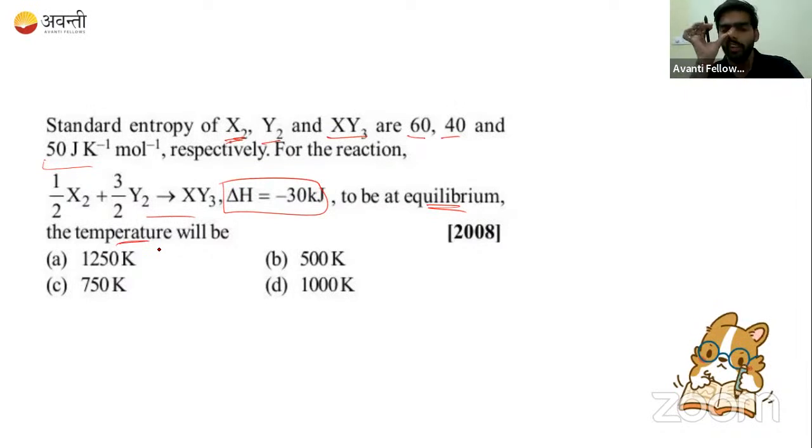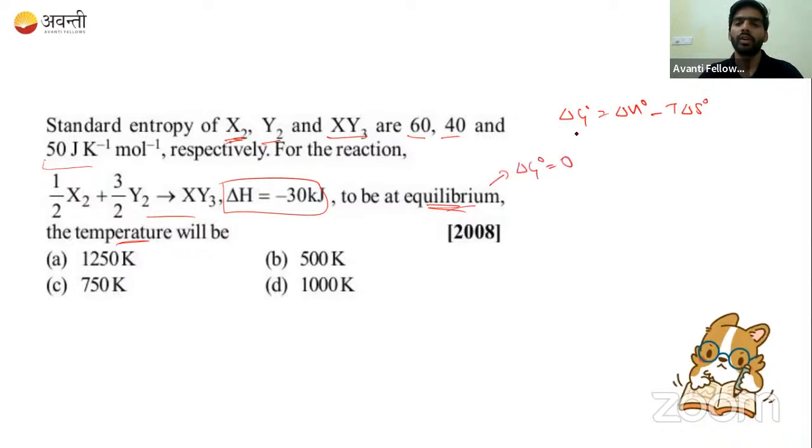Shall I give the formula? Will you calculate? If it is equilibrium, we write delta G equals delta H minus T delta S. If it is equilibrium, then delta G is going to be 0, so this will become 0.